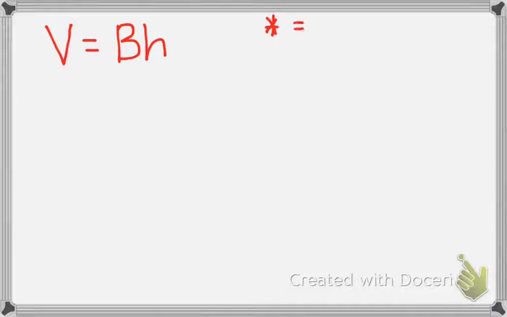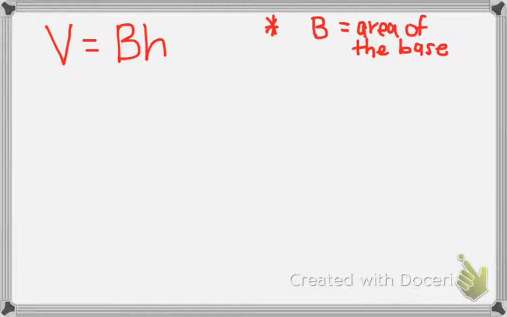Remember that the capital B is the area of the base. So this formula that we have is going to work for prisms, and cylinders.